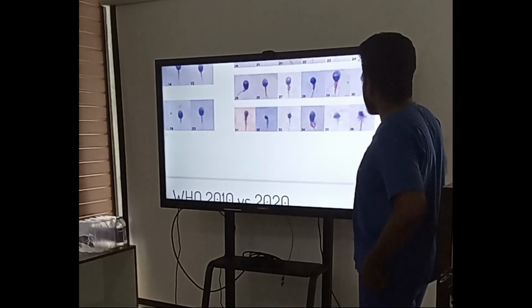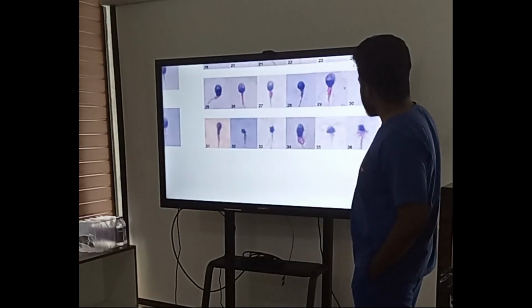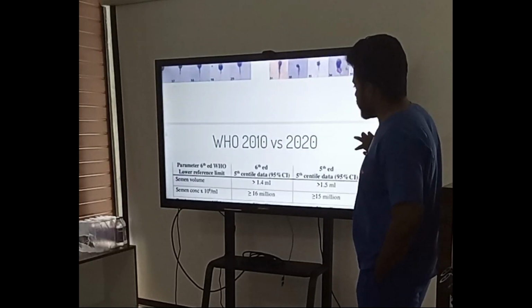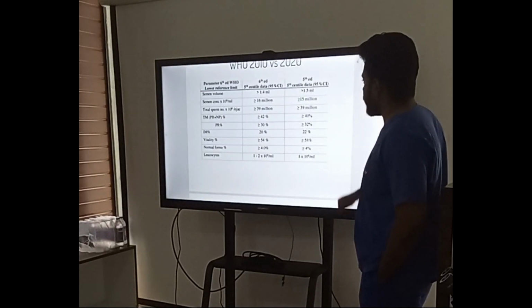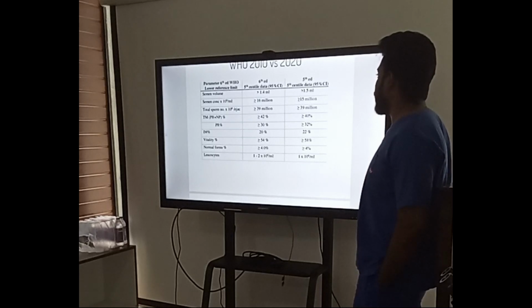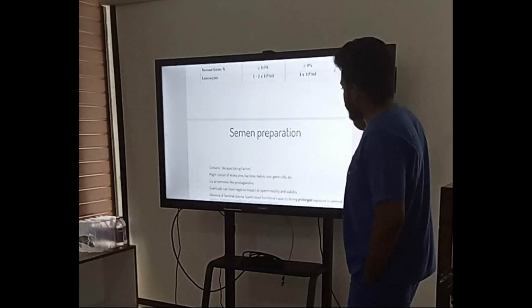And you have multiple defects where you will not have the extended tail, the midpiece is thick, and the head is also not oval. So this kind of practice you will have in the WHO manual. So this is the reference value of 6th and 5th edition, 2010 and 2020.